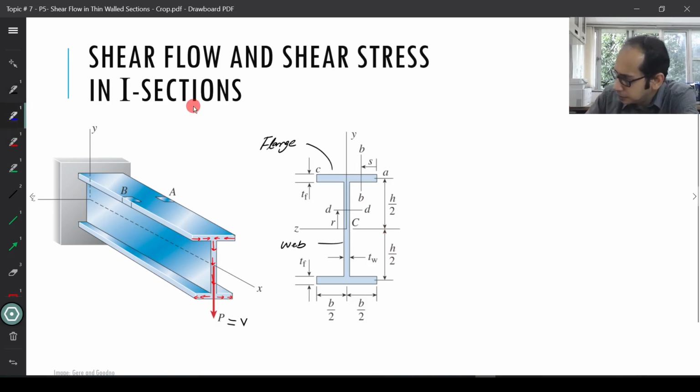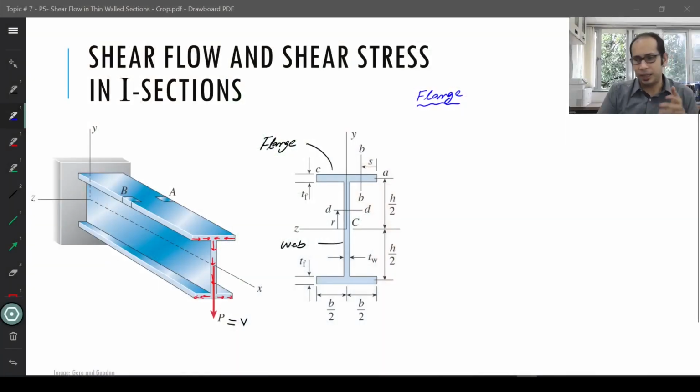So first, we start with the flange. What I'm going to do in the flange is take a small chunk of it, essentially along this section BB. So my section of interest is this small chunk that you see over here, this small yellow portion which I've marked.